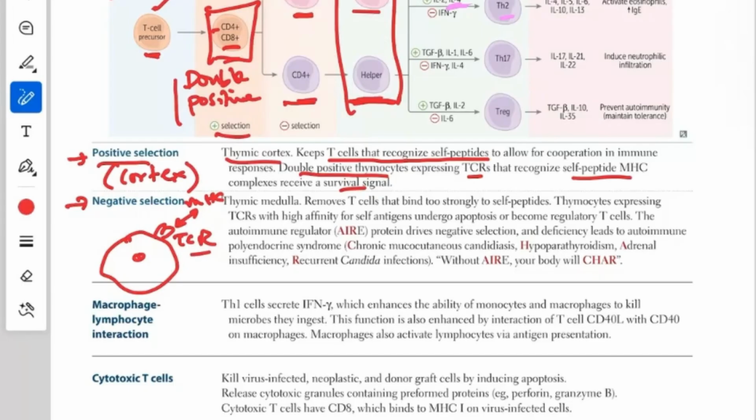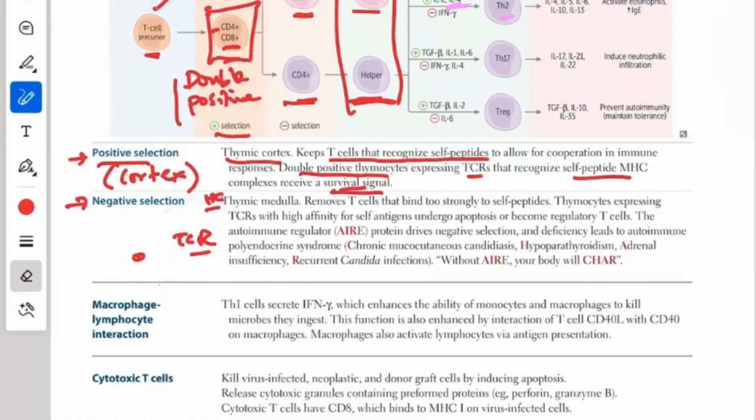Then that cell receives a survival signal and can go down to the medulla. So that means at least it works. It's functional. That means if it goes out into the wild and an APC, an antigen presenting cell, presents an antigen to it, it can recognize it. That's the implication of that, all right?